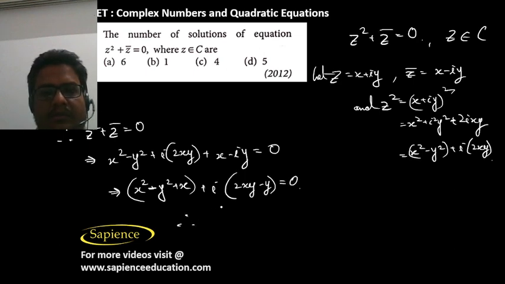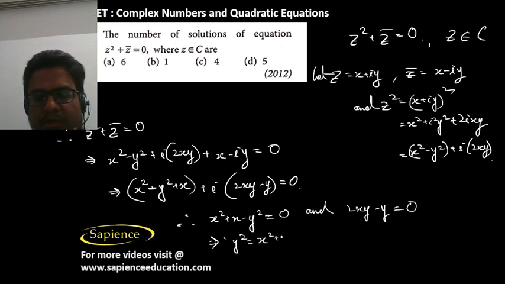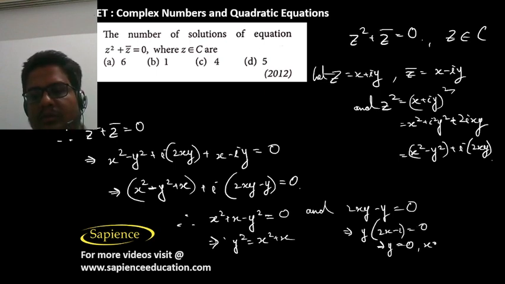So you can say that x square plus x minus y square is equal to 0, and also 2xy minus y should be equal to 0. It means y square is equal to x square plus x, and from here you can say y into 2x minus 1 should be equal to 0. It means that y should be equal to 0 or x should be equal to half.